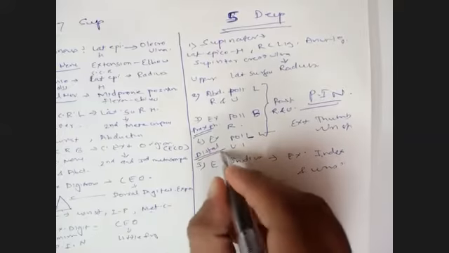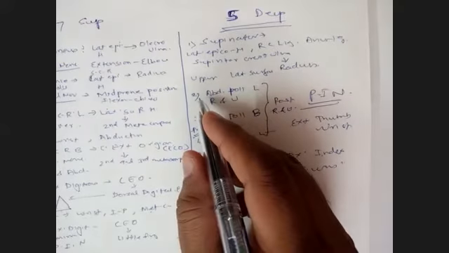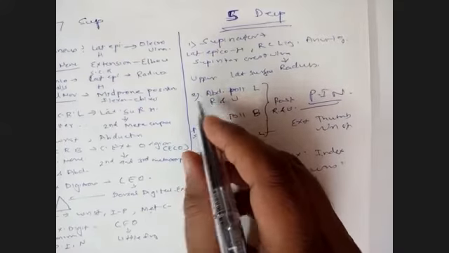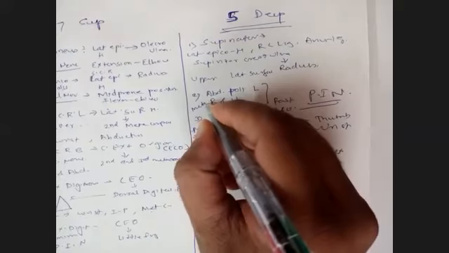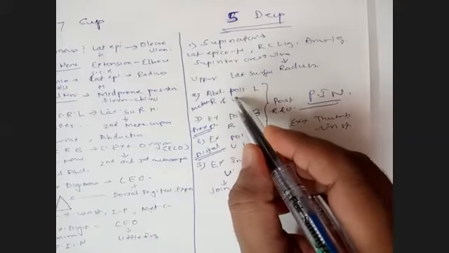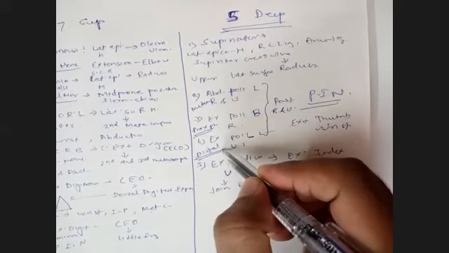Now, don't be tense that you should know all of this. The abductor pollicis longus will get inserted at the base of the first metacarpal. So understand this: this gets inserted on the first metacarpal, this on the proximal phalanx, and this on the distal phalanx.